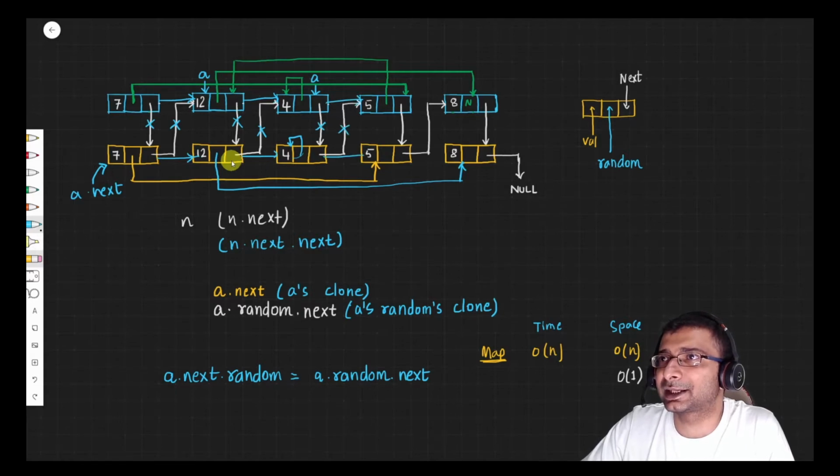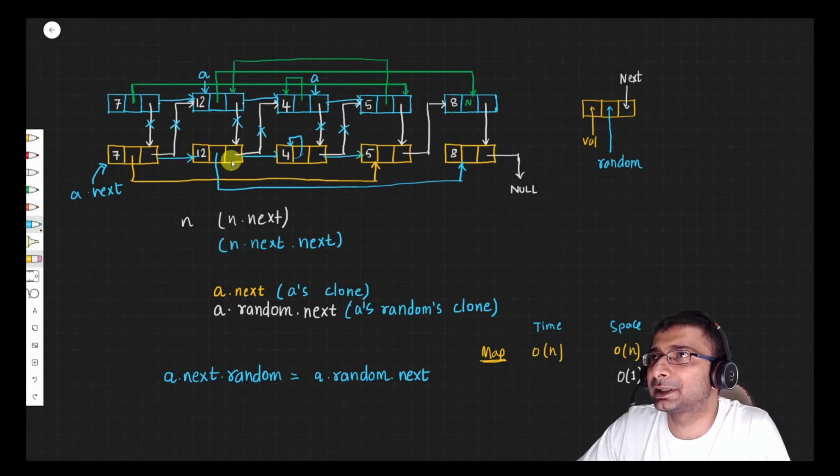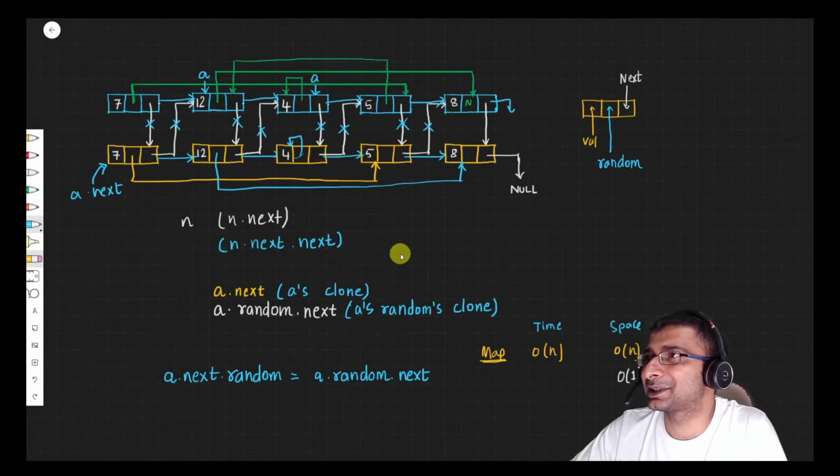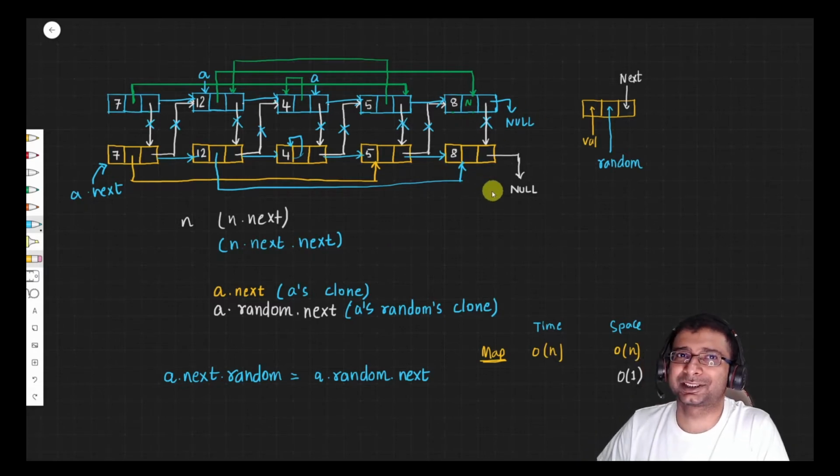So we'll cut all the links and end up with something like what you are seeing on your screen at the moment. For this last node also, its next dot next is null. So null will once again come and sit over here and this will get cut. And it's already pointing to null, so we don't need to do anything for it.